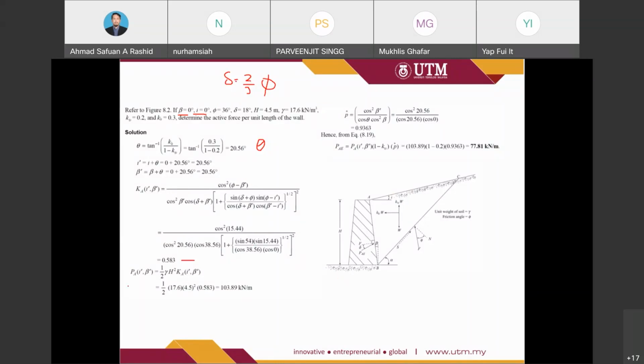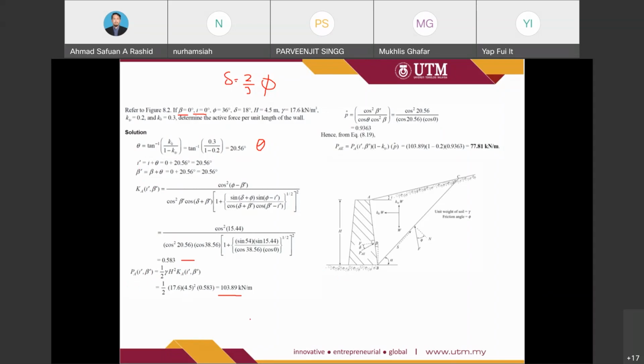Then the PA can be determined as half times gamma times H square times Ka. So this is the PA value. But it is still not the actual PA because we used I beta and I prime and beta prime.